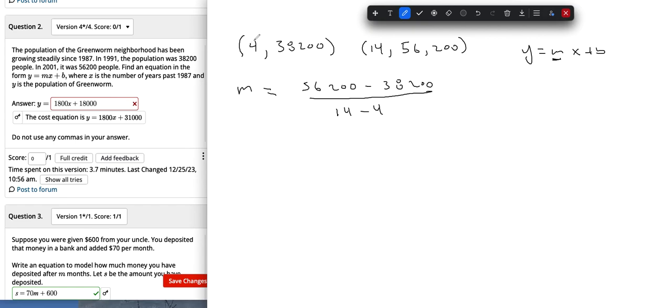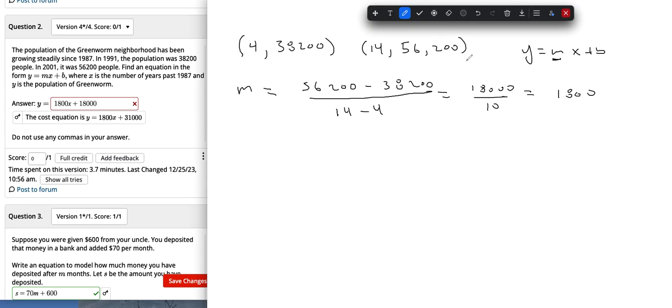If you didn't get the years right here, you would get the same slope, but when you went to find b, that would have messed up, so that may have been where you had trouble. That is 18,000 over 10, and then cancel the 0, and we get 1,800 for our slope.